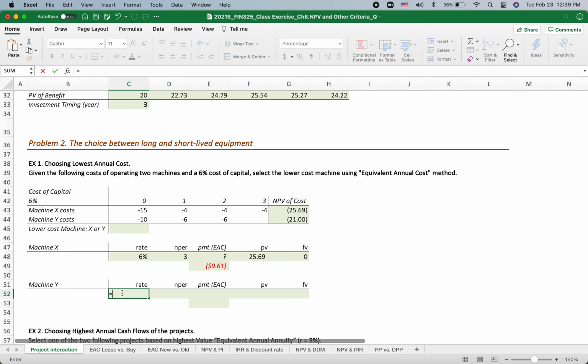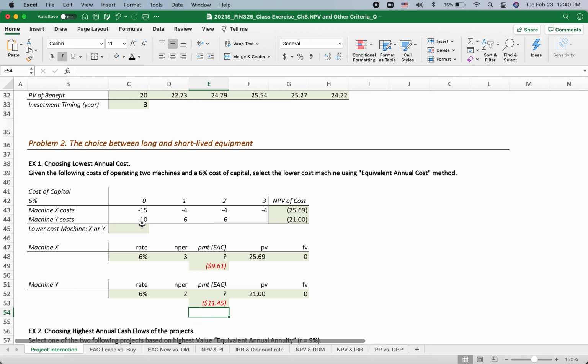Then what about machine Y, which has a life of 2 years? So we put 2 years for the number of periods, and the present value should be this, then 0. So this annual payment calculation shows 11.45.